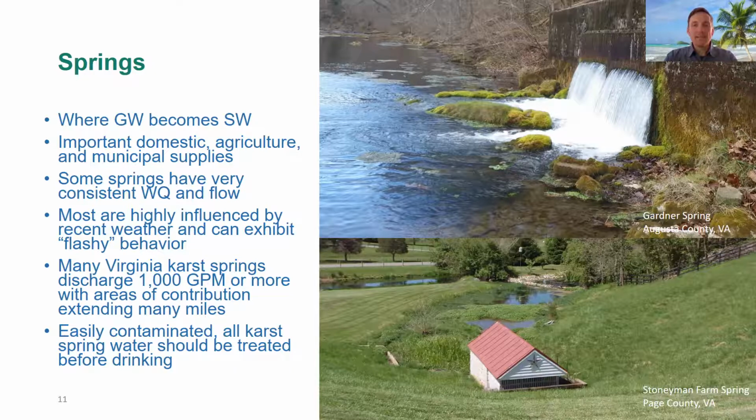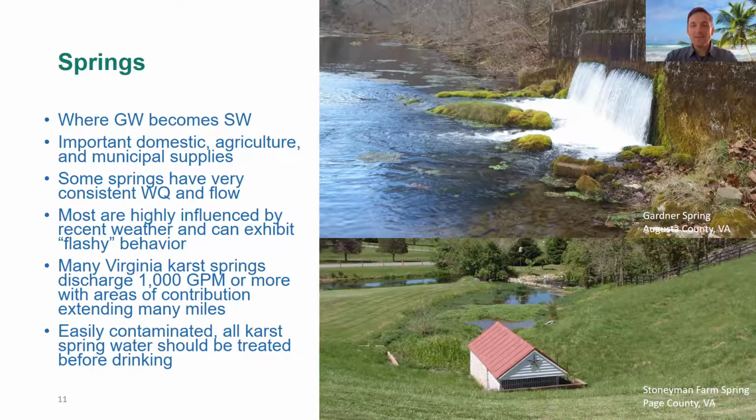A lot of these, especially larger springs, can be receiving water from several miles away in the karst system, and because of that, they're very susceptible to the land uses that are done in that area.